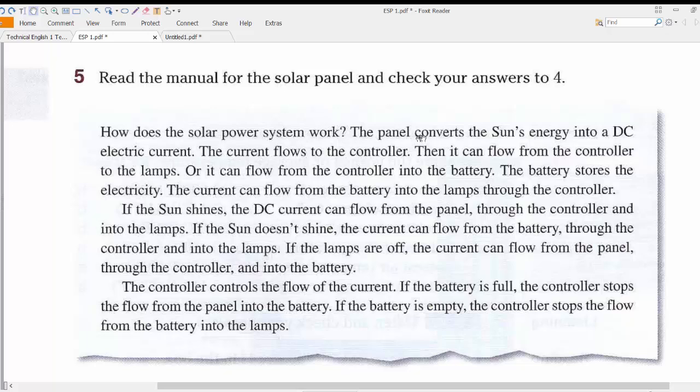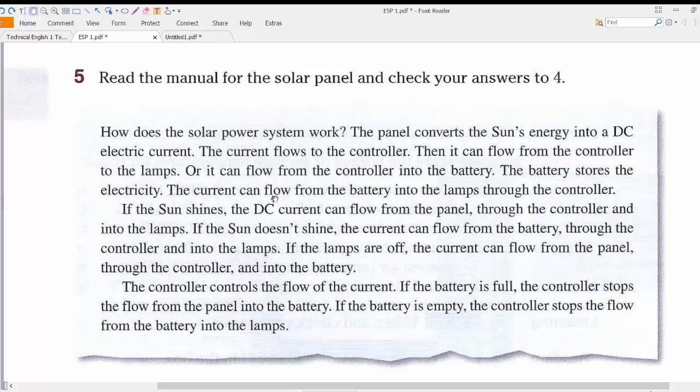Again, the panel converts, تحول, the sun's energy into a DC electric current. The current flows to the controller. Then it can flow from the controller to the lamps, or it can flow from the controller into the battery. The battery stores the electricity.